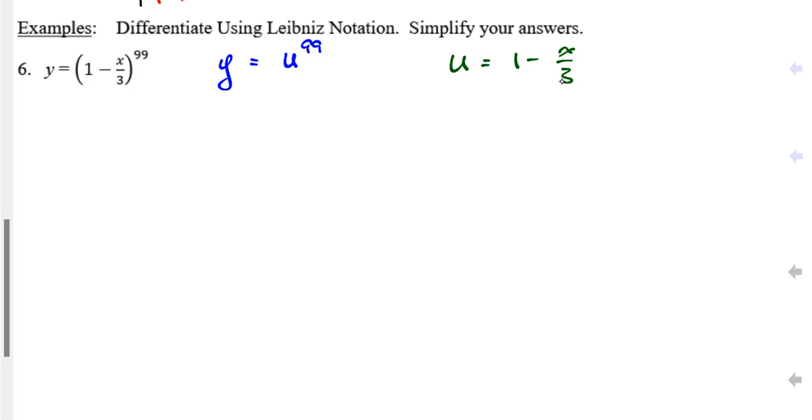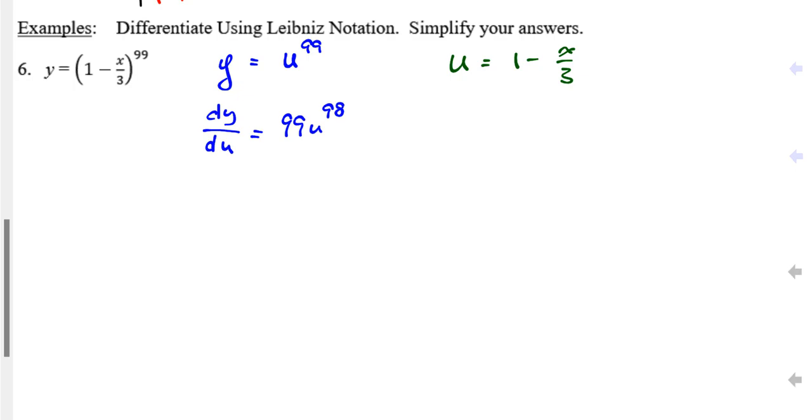Good? So we find dy du, which you tell me is u to the exponent 98.